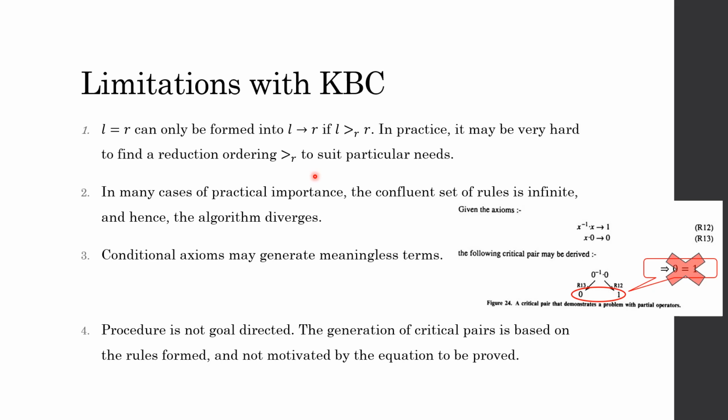All the new rule generation is based on what kind of input axioms we give it, and has nothing to do with the goal that we are trying to prove. However, there are works on this problem, a goal-directed or goal-oriented Knuth-Bendix version. So you can search and look out for it.